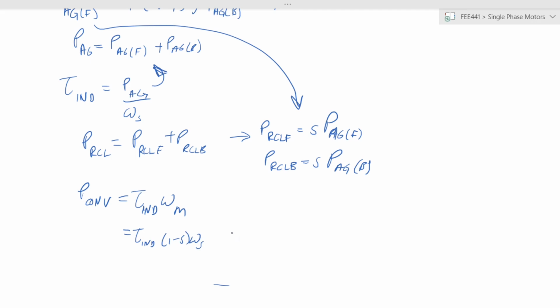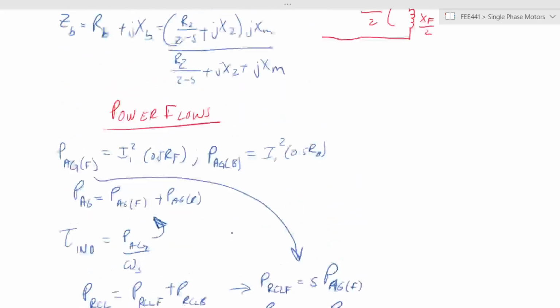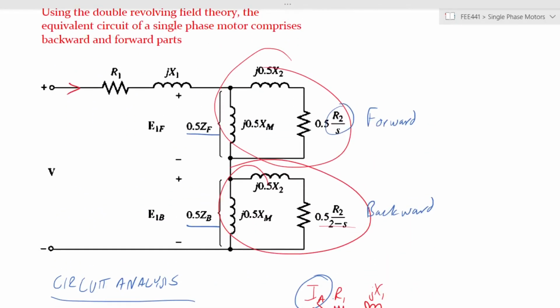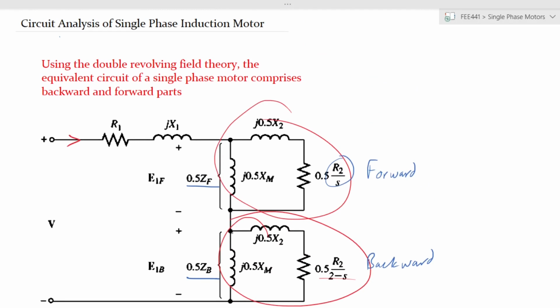Those ones are all standard and all doable from the three-phase induction motors. So that brings us to the end. We will then do an example explaining these characteristics.